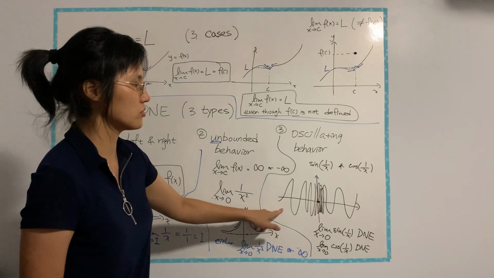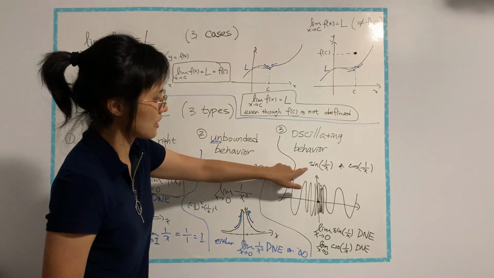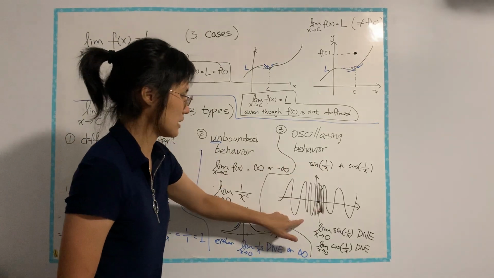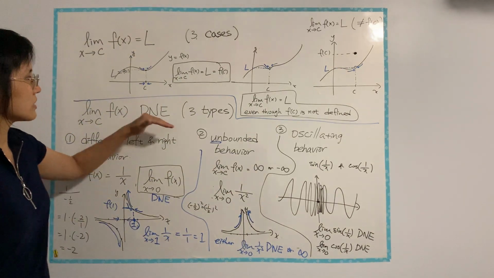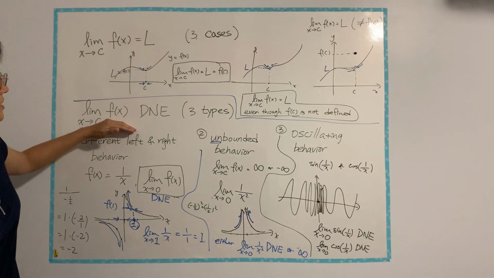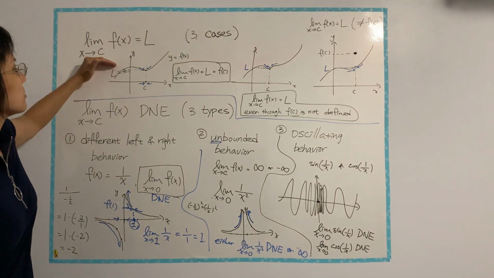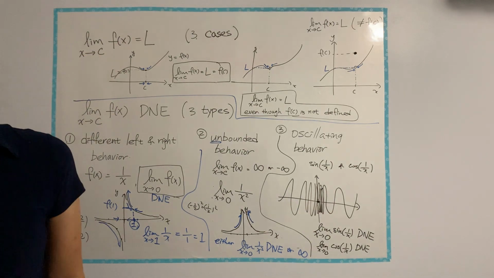I'll use a computer to plot it out for you. Okay, so here you just need to memorize that we have an example that has a graph that looks like this, or this looks like that, just roughly speaking. Okay, so 3 types for limiting value does not exist. 3 cases for limiting value exists. Okay, so there you go.